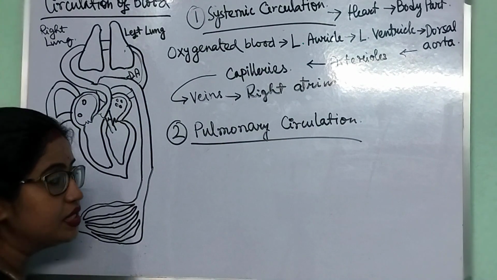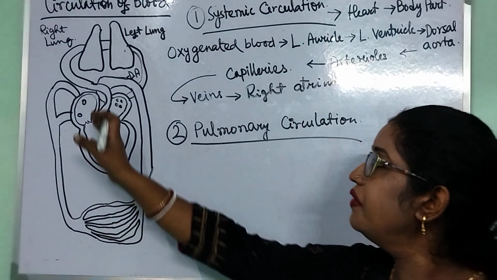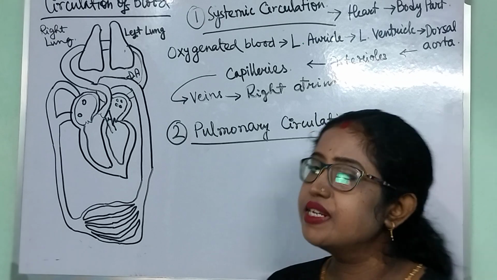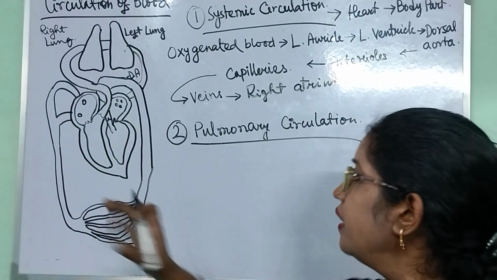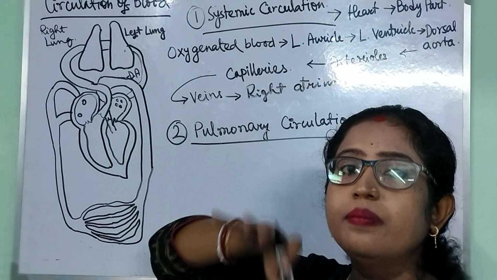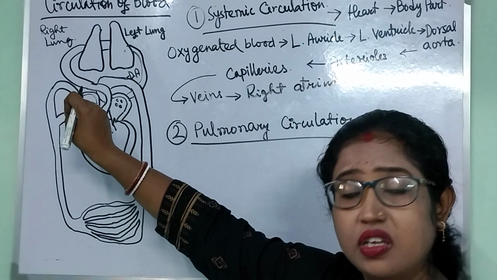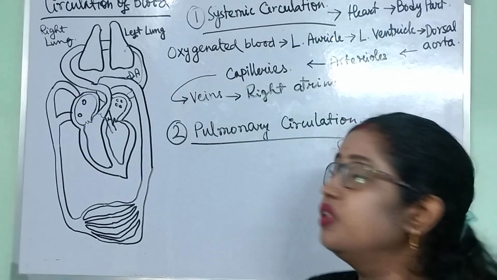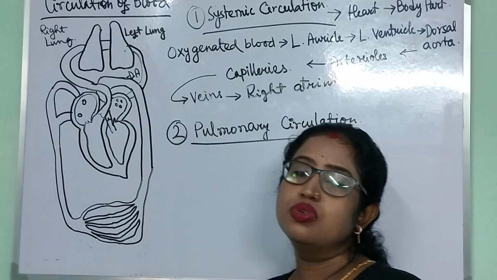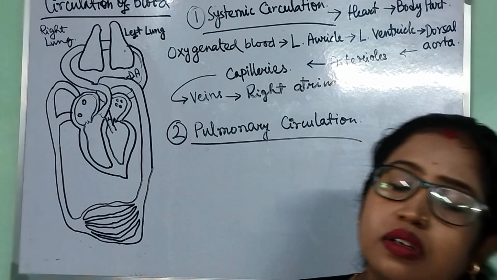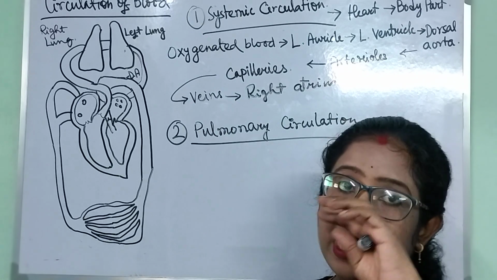What happened in pulmonary circulation is, when the right atrium fills with deoxygenated blood, the right atrium contracts, and the deoxygenated blood forcefully enters into the right ventricle. Then right ventricle also forcefully contracts, and the blood forcefully enters into the pulmonary arteries.